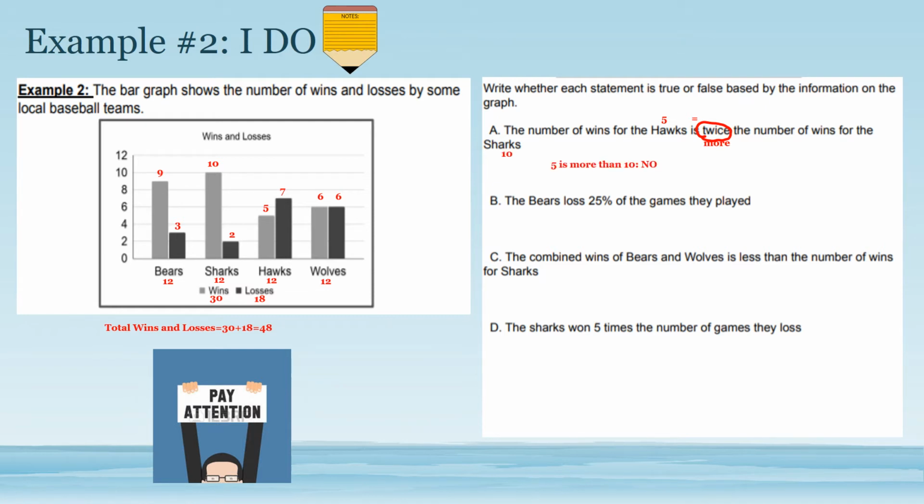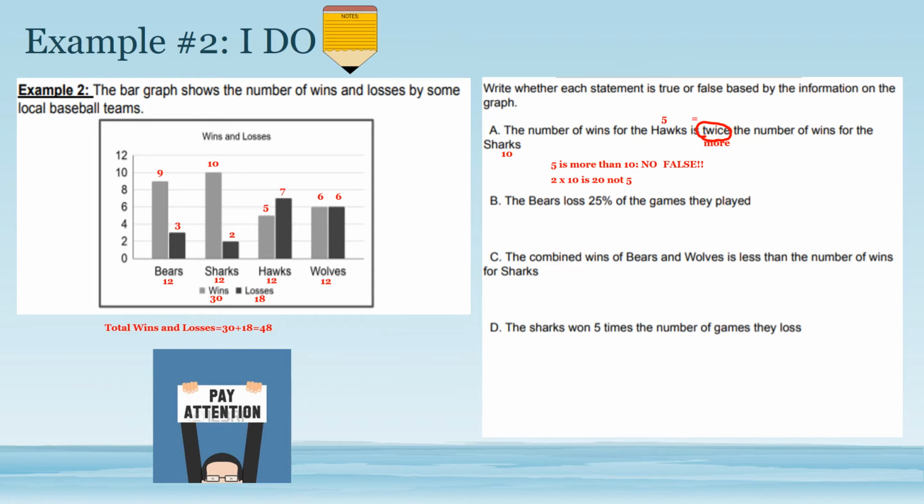So is 5 more than 10? No. Therefore, this statement is going to be a false statement. Remember, twice the number of wins for the Sharks, so 2 times the number of wins for the Sharks, which is 10. 2 times 10 is 20, not 5. So therefore, this will be a false statement.